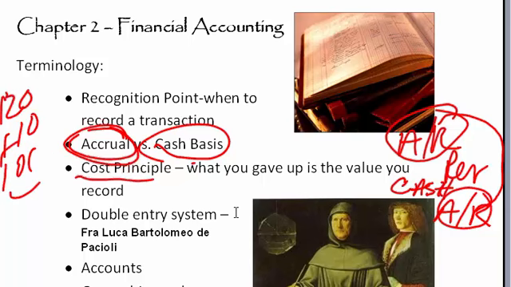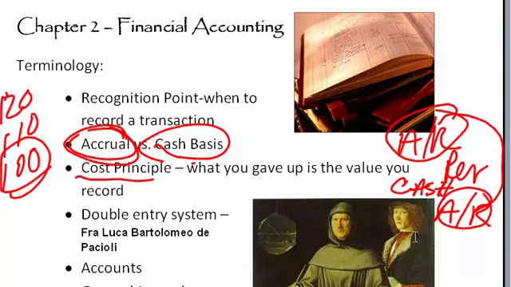But I agreed to give up $100,000 in cash. The cost principle says you would record that land at $100,000, irrespective of what the other two numbers are. The cost principle says what did you give up, and that value then becomes what you record the land at.